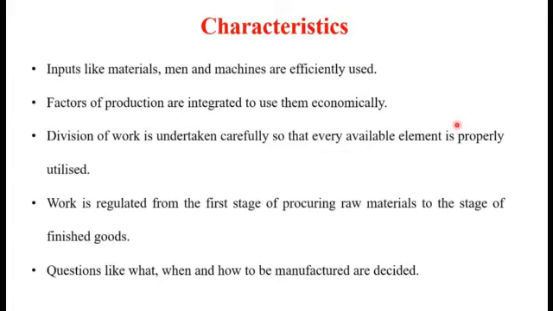Similarly, division of work is undertaken carefully so that every available element is properly utilized. So the availability of materials or elements in the industry, and the utilization of that availability, is very important, and that can be achieved with PPC.